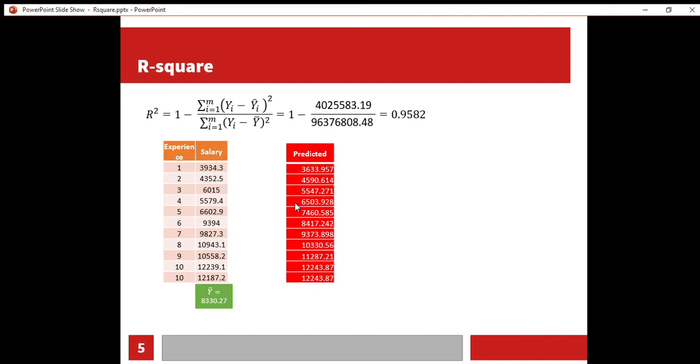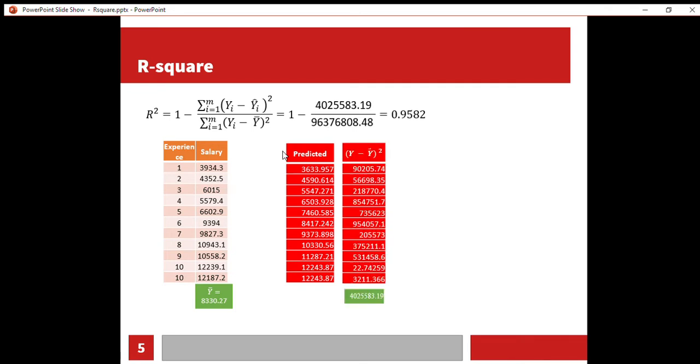Now we compute the first term, y1 minus y hat, squared. This means the actual value minus the predicted value, squared, plus this value minus this one, plus and so on. This is the sum of y minus y hat squared.